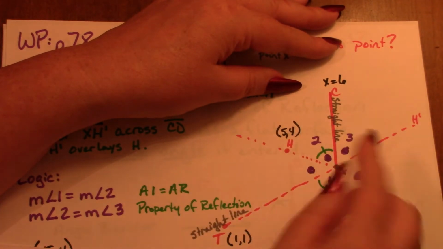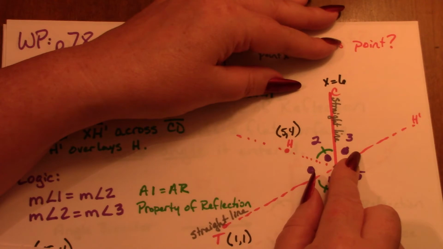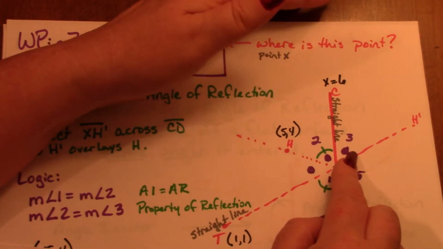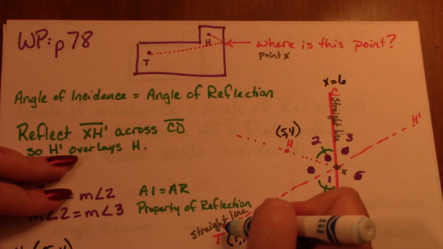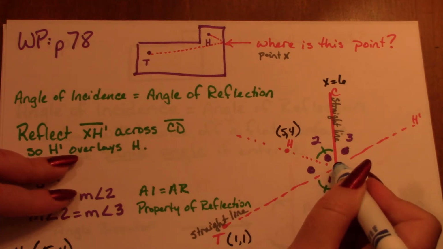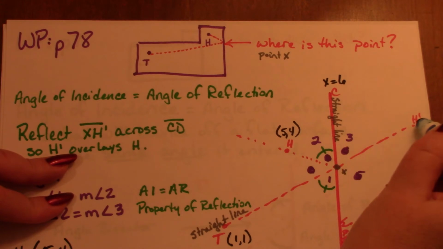When we reflect this, this angle is the same as this angle, because when we reflect it, those angles have to be the same. When you fold that in half, those are going to match up. So when the ball goes from T to the wall in a straight line, if that wall wasn't here, it would continue in a straight line off in this direction.